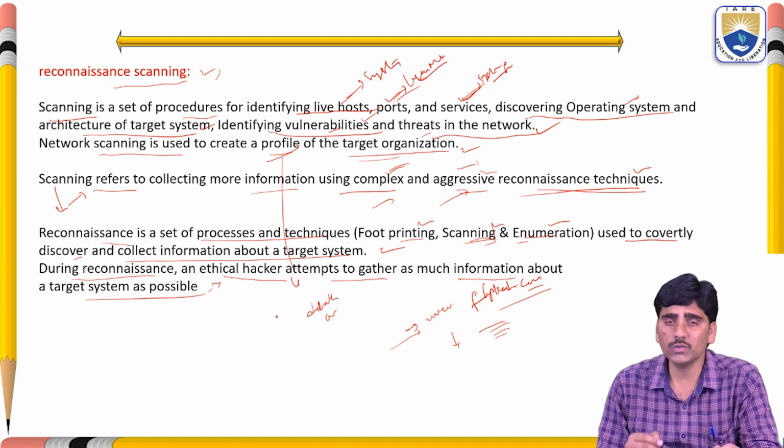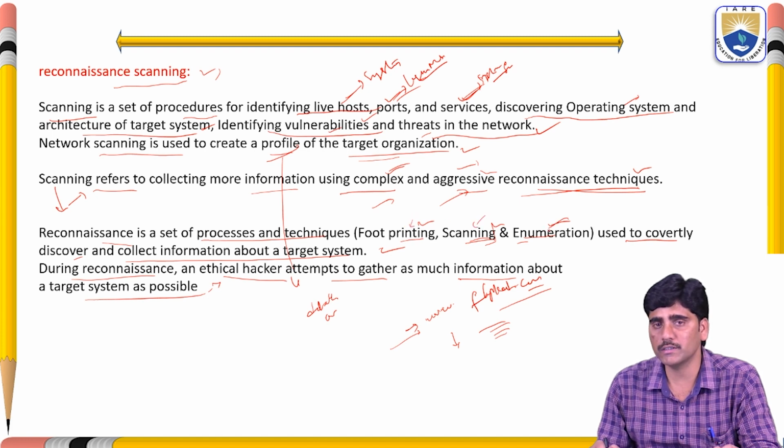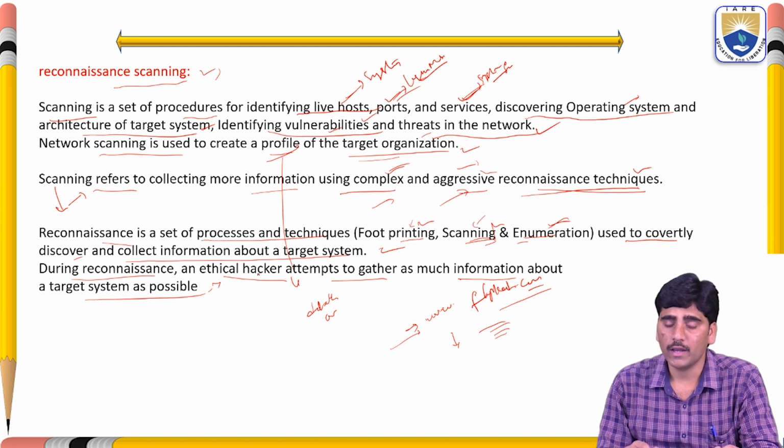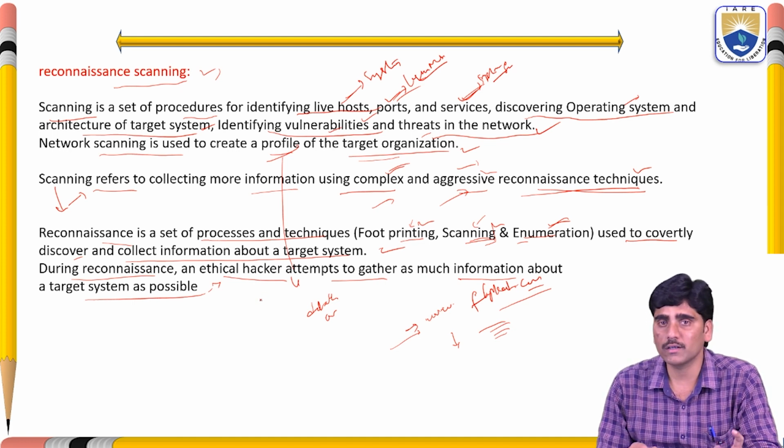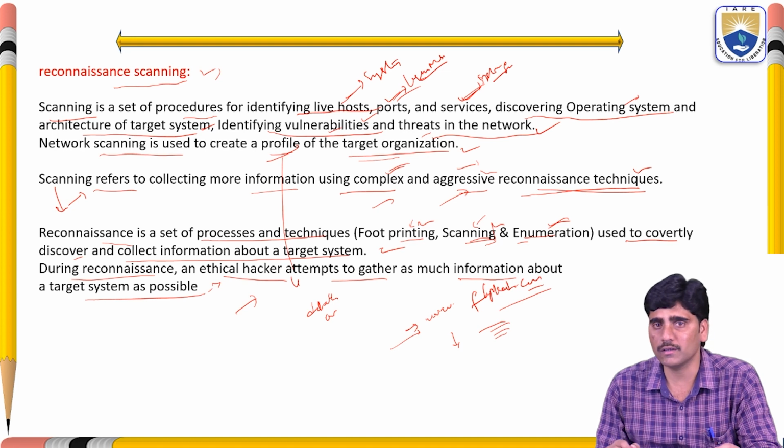By doing footprinting, scanning, and enumerating, the ethical hacker or any other intruder gets all the details about the target system, the operating system, and everything. You will get the whole profile of the target system.